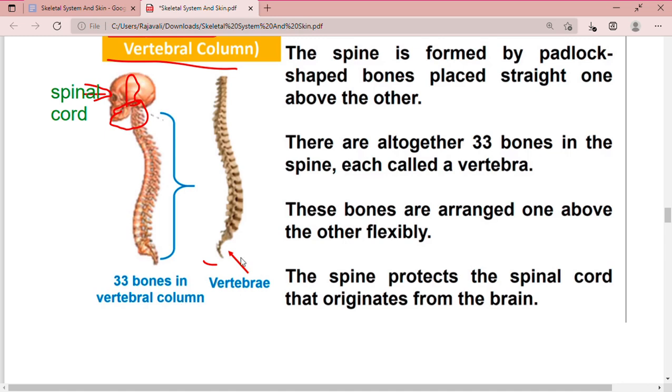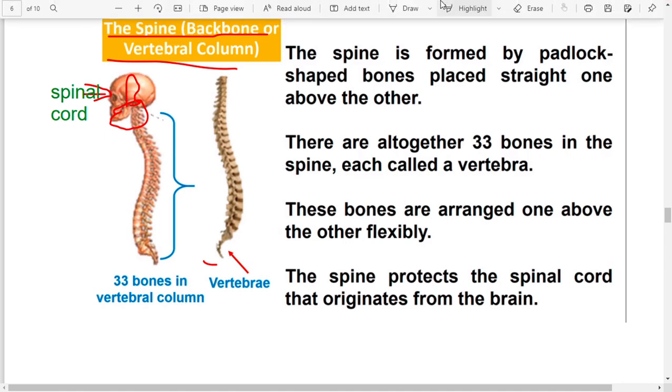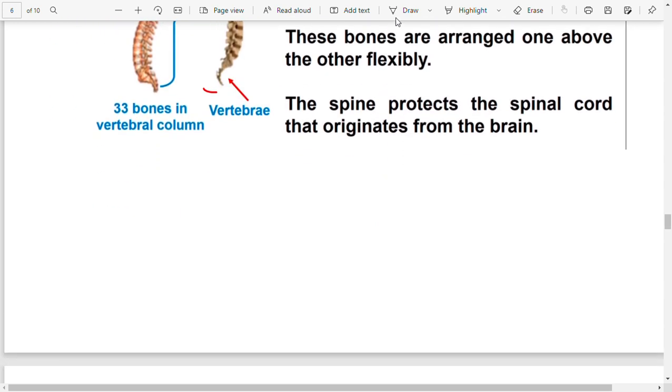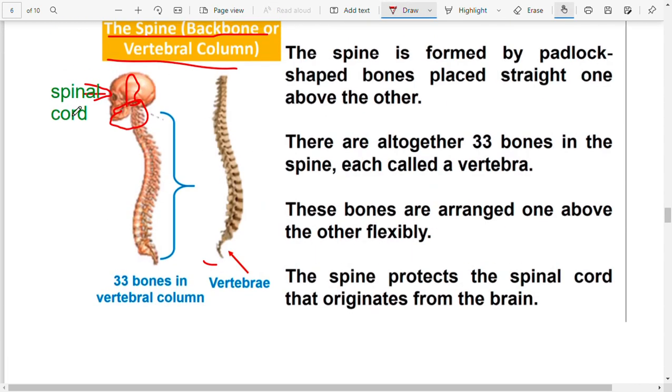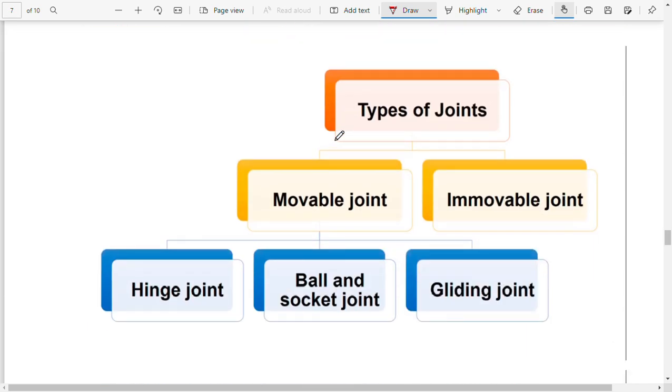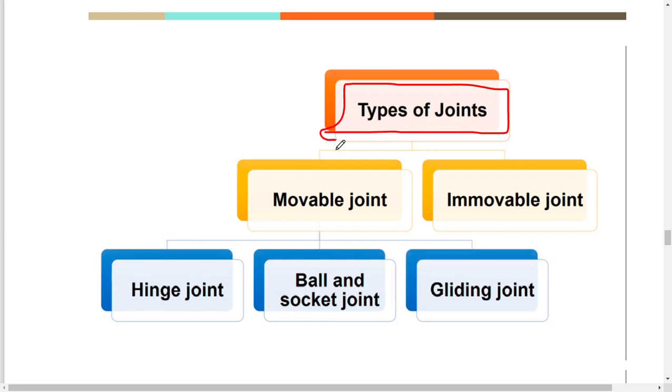Now look here. This we have completed. Now we are going to learn about the types of joints. Do you know how we can move our hand, our wrist, our fingers, our legs, our knees?